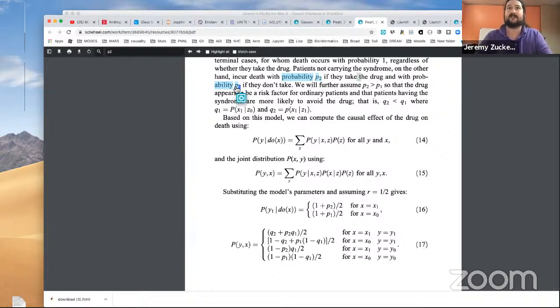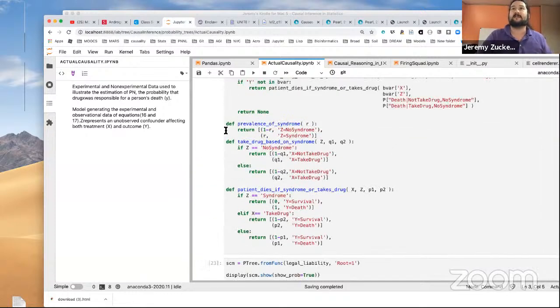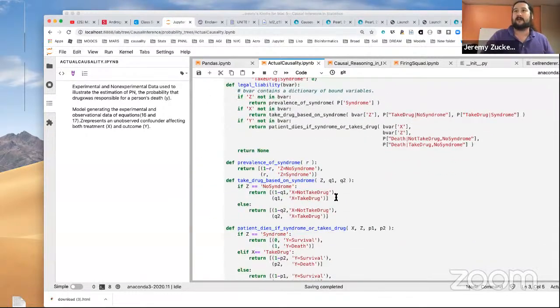So just going back, P1 is the probability of death given not taking the drug and not having the syndrome. That's what P1 corresponds to, okay?